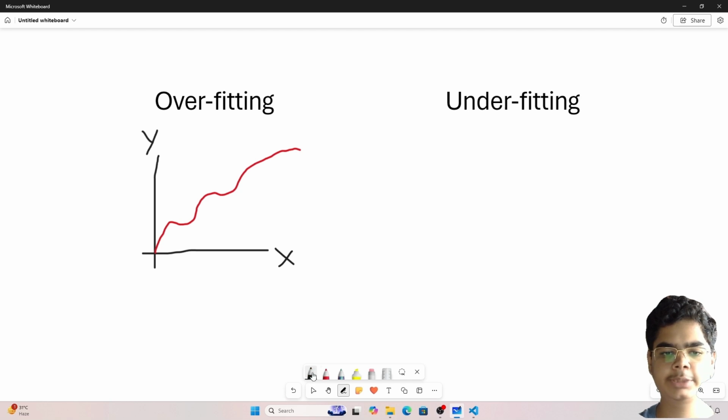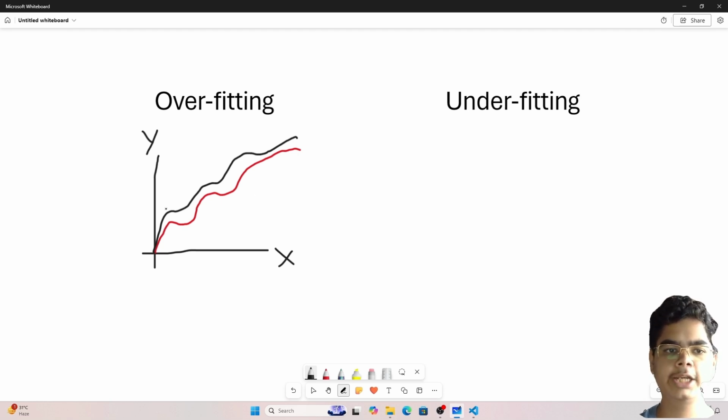And let me represent the actual closing prices with a black line on the graph. So these are the actual prices and these are the prices predicted by our model.